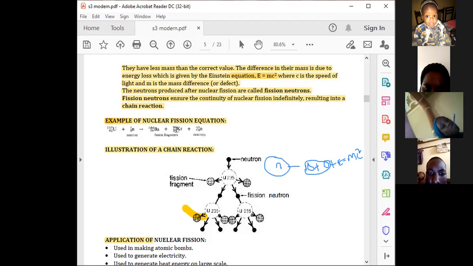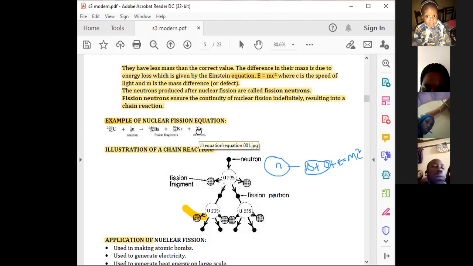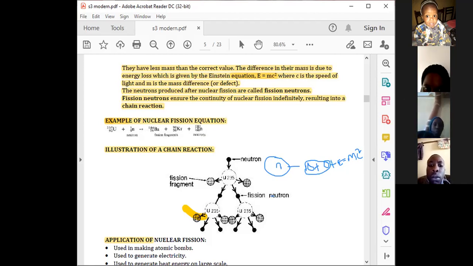But each daughter has its own neutron that makes it continue to split. So when you balance this equation, barium is 144, krypton is 90, and then two excess neutrons are produced after splitting. This is the excess energy I was trying to mean according to Einstein.